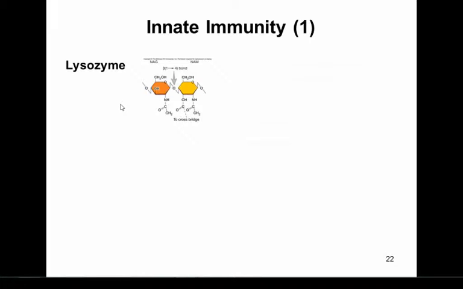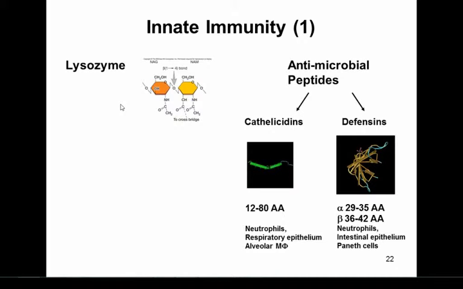So to complement lysozyme, at our mucosal surfaces, different cells can secrete antimicrobial peptides. Two families, cathelicidins and defensins. Okay, defensins are in the gut, okay, intestinal epithelium. You defend your gut. And cathelicidins are in the lungs.